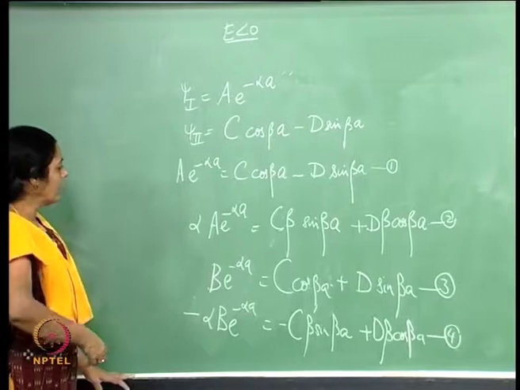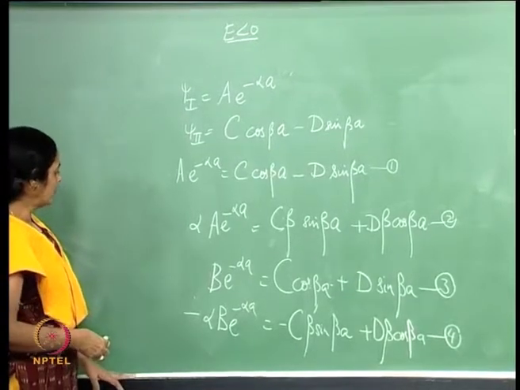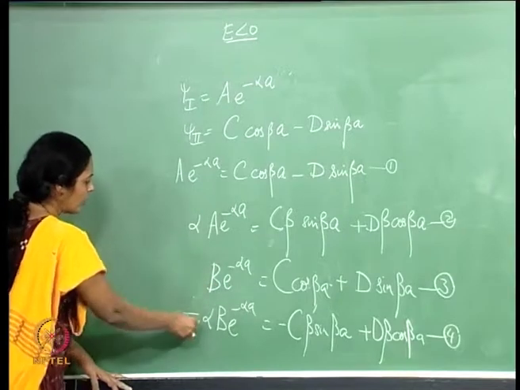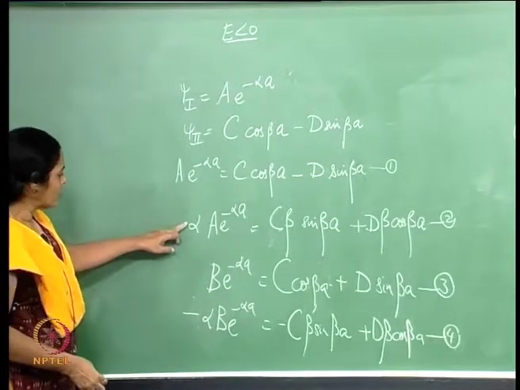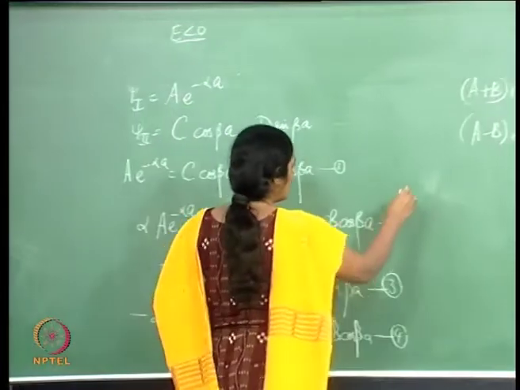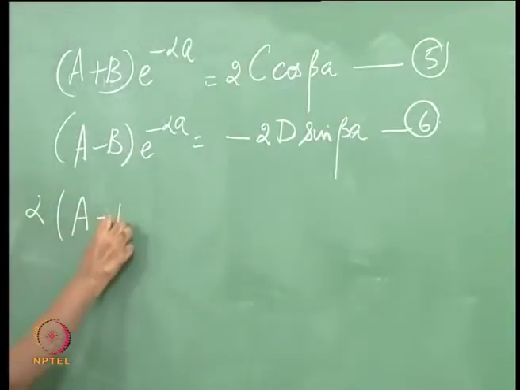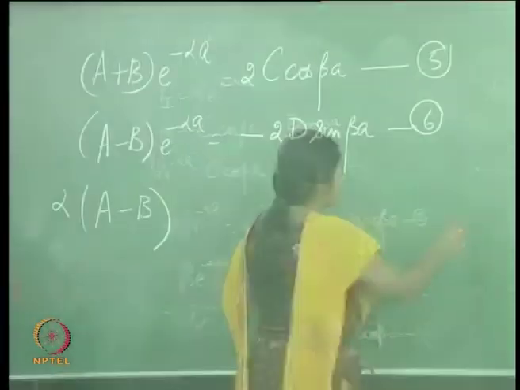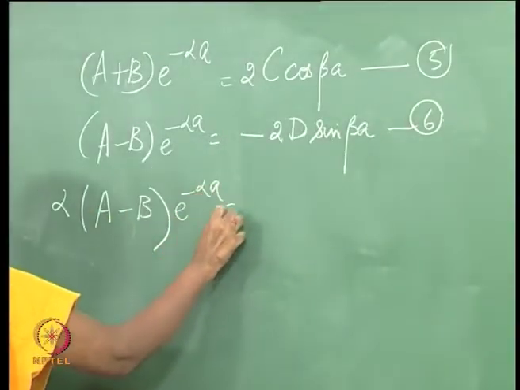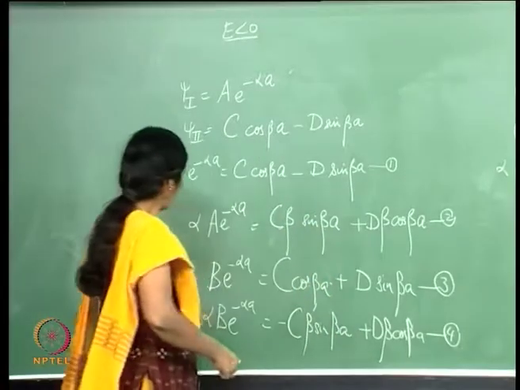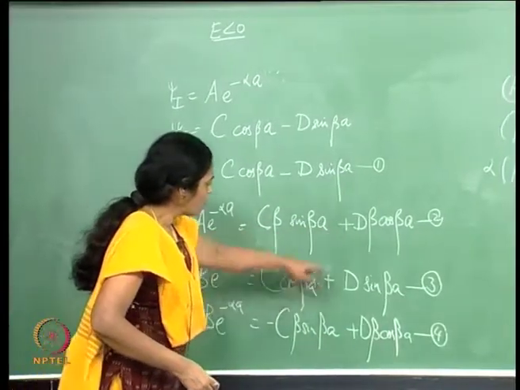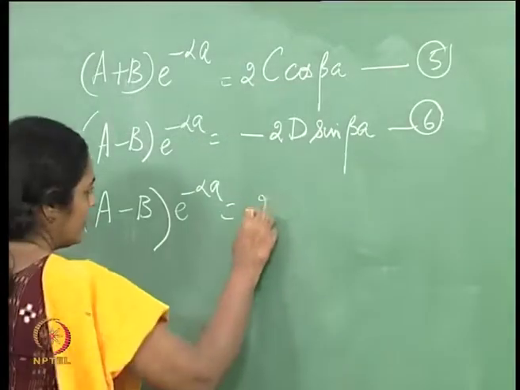No, that is not the only thing that I can do. I can look at 2 and 4 and do the same thing. So if I add the two of them, I have alpha times A minus B e to the minus alpha a. Out here, I am adding the two of them, so the sine terms cancel, and I have 2D beta cos beta a.